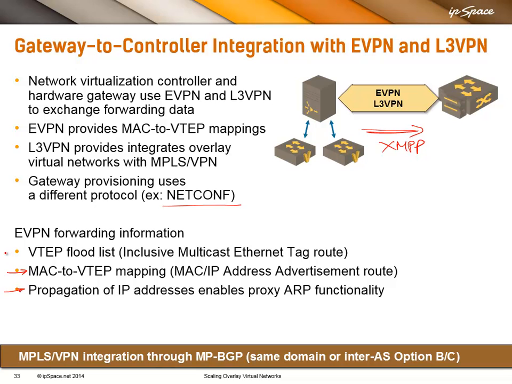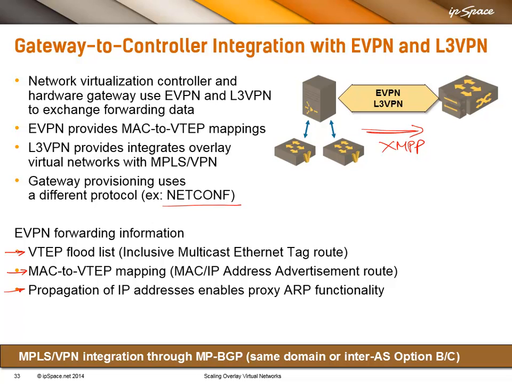And it contains a VTEP flood list that you need for flooding of multicasts and broadcasts. Some products, even though they speak EVPN, don't use all three of these address families. And some gateways may not support all of them. So you have to be careful yet again when considering EVPN, whether both ends of the solution support the same set of information.